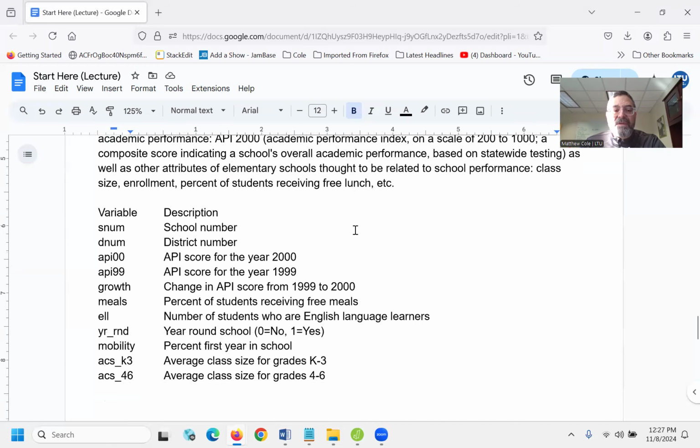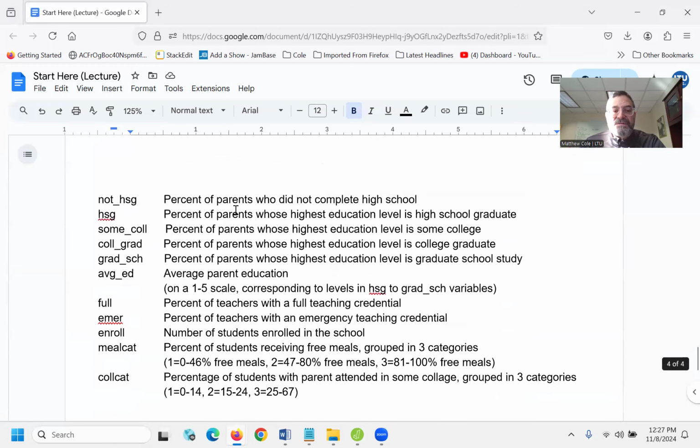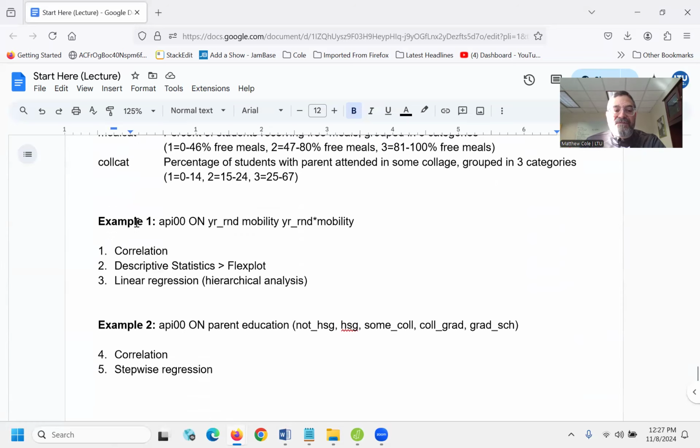And we have all these predictors. In our first example, let's practice a multiple regression where we are regressing API on year-round, mobility, and year-round times mobility. So let me review what I just said.